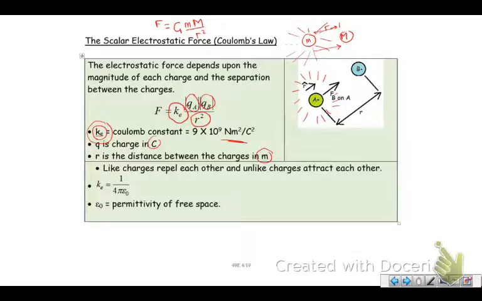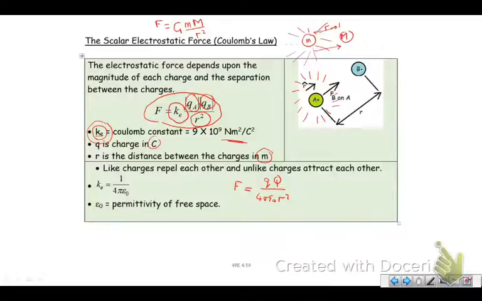Now, funny story. This is a very typical physics class equation. In electrical engineering, they will teach you that this is equal to q q over 4 pi epsilon naught r squared. It's just a different nomenclature.